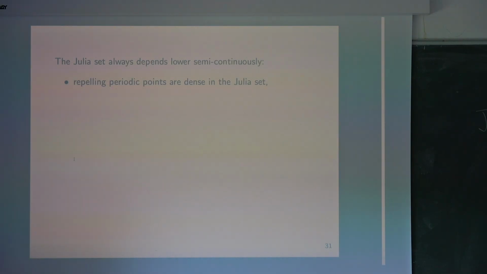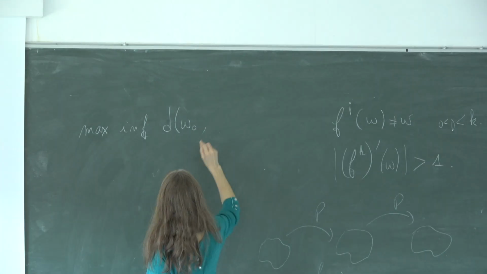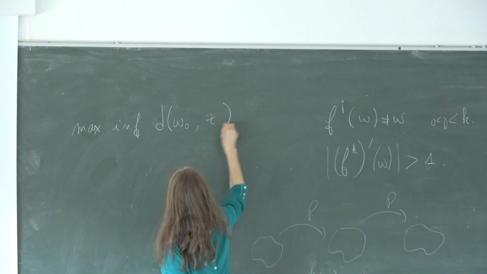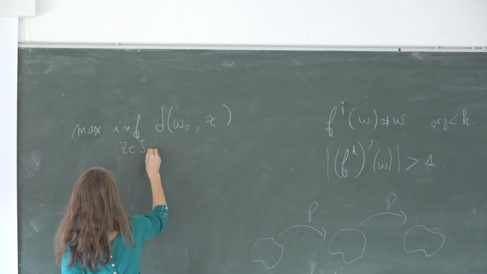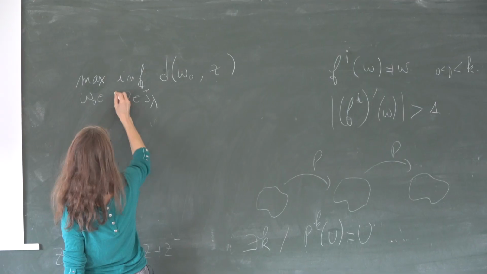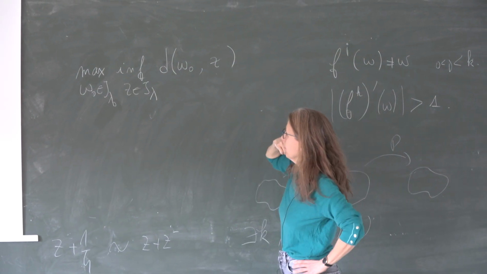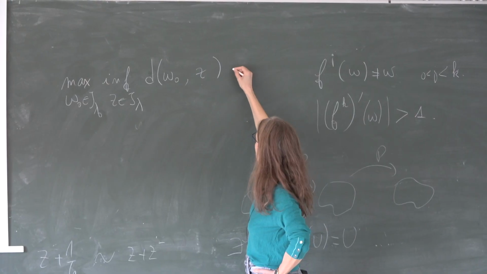So what we want to prove is that the maximum of the infimum of the distance between the point w, if I remember well, and z, where z is in the Julia set of parameter lambda and w0 is in J lambda naught, tends to 0.